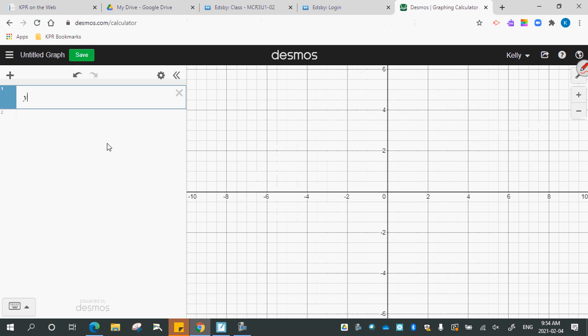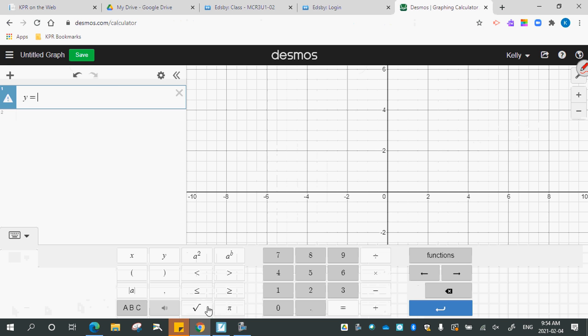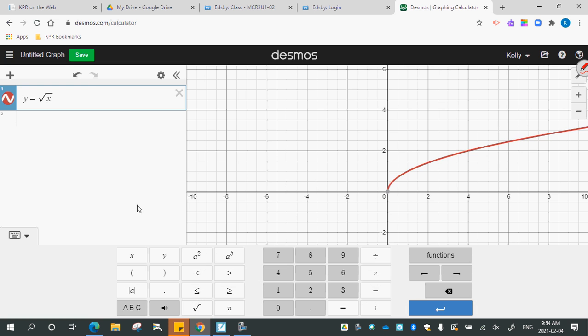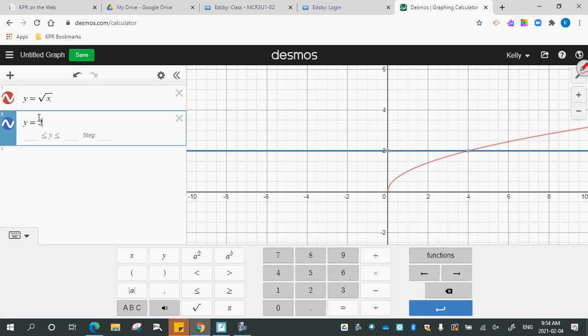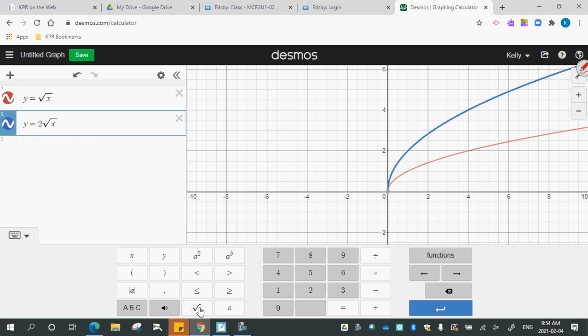Okay, so here's the parent, and here is the image. So, do you see that it's a lot steeper, if you want to call it that?